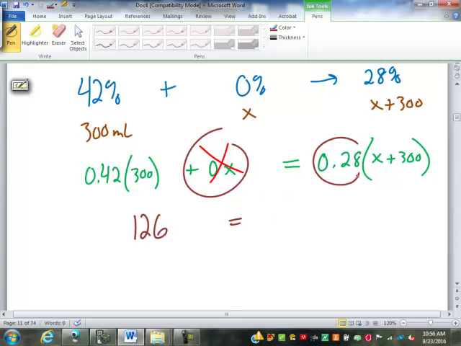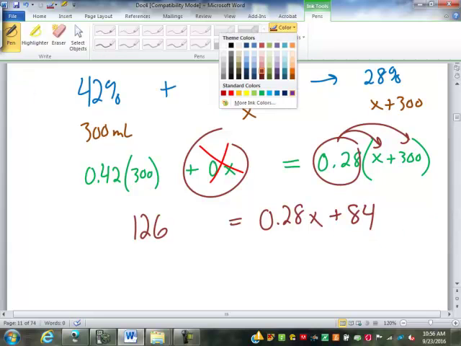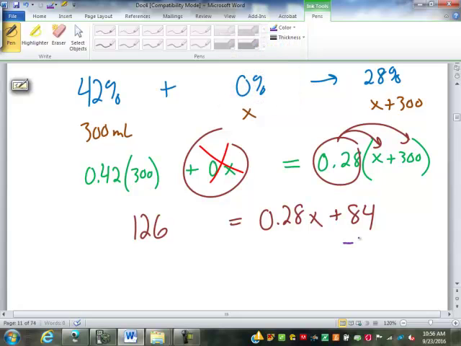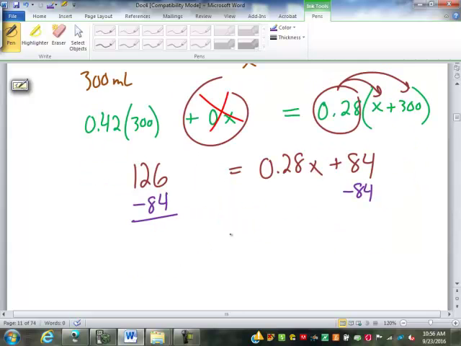Equals 0.28 times X is 0.28X. 0.28 times 300 is 84. And now it's just a matter of solving this equation. So we'll subtract 84. So this is 42 equals 0.28X, and we will divide by 0.28.